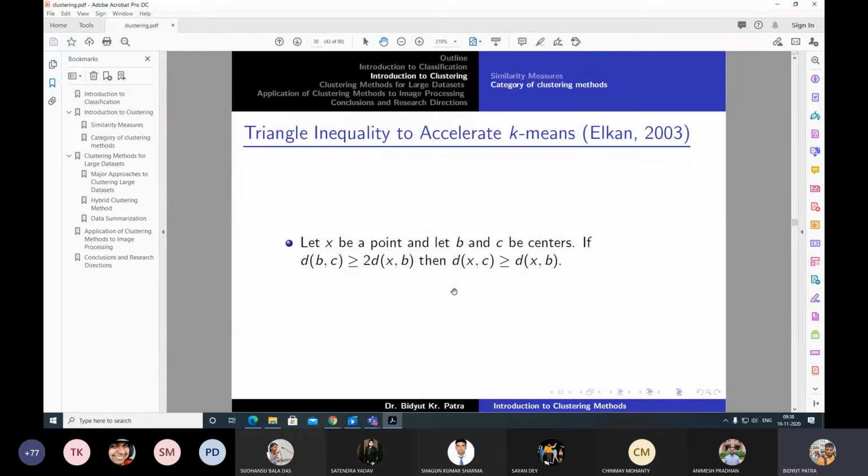Now if we have 100 points, let's say in a data set, then what will happen? So these 6 computations, whatever you did, no need for repetition of this part. So you only have to do 4 into 100 comparisons, whereas in the earlier case, 4 into 100 distances. Plus 6 is the initial centroid computation.